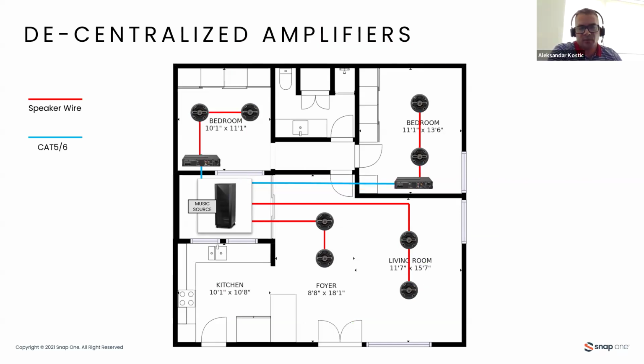We connect amplifiers through the network, and then just from the amplifier itself in the local rooms, in the bedrooms, we do audio wiring using speaker wires. So in that case, we have more flexibility because we use part of the standard network infrastructure for audio streaming without needing to pull speaker wiring all the way from the central location.